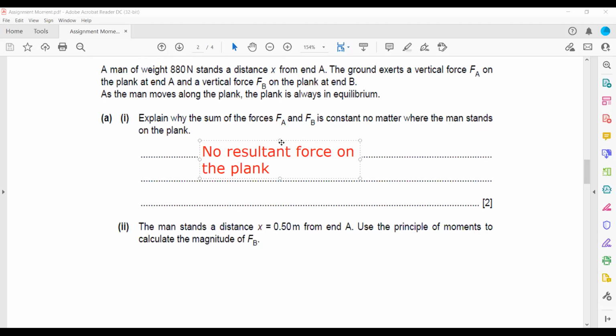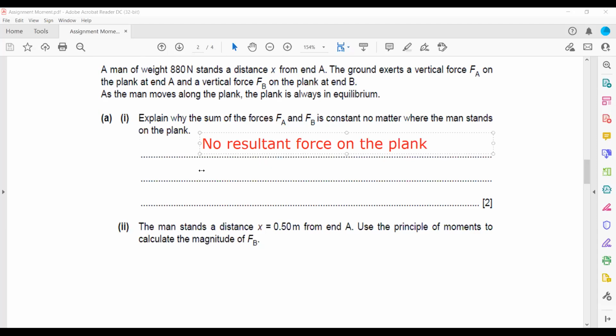If there is no resultant force, or we can also say the upward force is equal to the downward force.